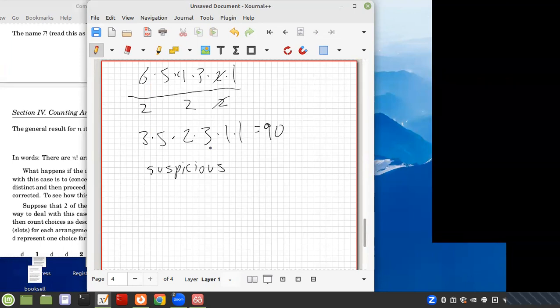If I have Scrabble tiles like this, suspicious, how many scrambles of the word suspicious are there, where I take the Scrabble tiles for each one of these and I rearrange them? See if you can figure that out. I'm giving you a little bit of a tricky one because there's three S's. There's 1, 2, 3, 4, 5, 6. So there's 10 letters.